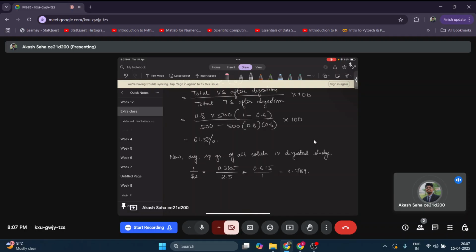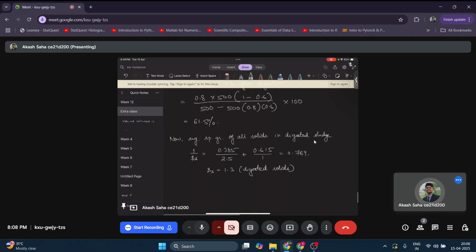No, this is not solids and water. This is the volatile matter. So 61.5% is the volatile matter and 38.5% is the solids, fixed solids. So this is the digested solids. Now we have to find it for the sludge.